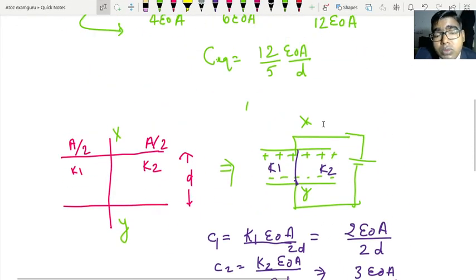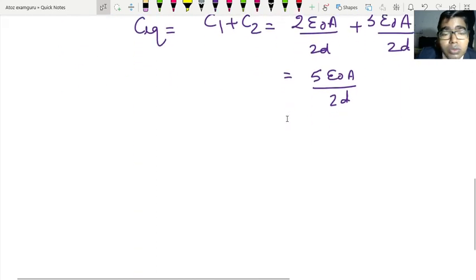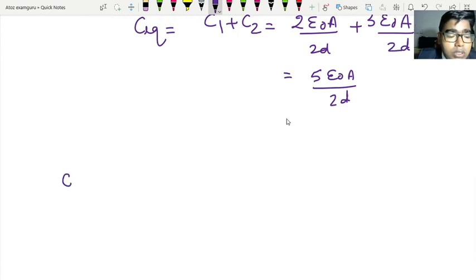If you want to calculate the ratio of series and parallel, right? So the ratio C series to C parallel.